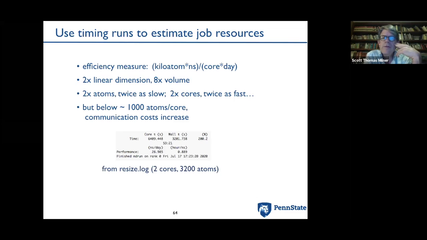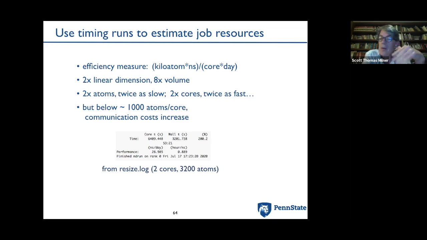A rough rule of thumb about how greedy you can be in throwing cores at the job to make it run faster is that you don't really want to go below about 1,000 atoms per core, because then the processors start talking to themselves too much. And you can see that in the log file.